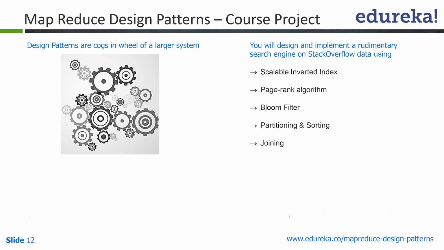As part of this course, you will do an implementation of the PageRank algorithm, that is, graph algorithms in MapReduce. There are a few more. We can talk about these things when we get to the course.